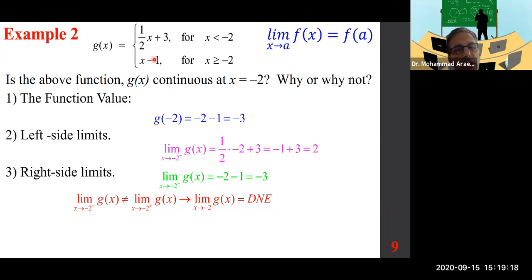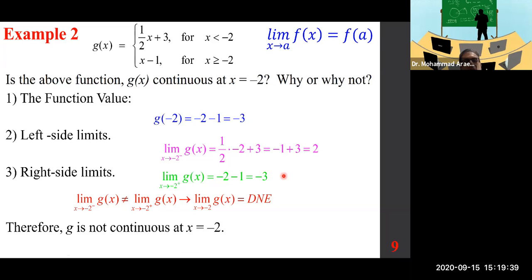I hope everybody's clear. However, some of you may notice something interesting. The function is discontinuous at -2. However, you notice that g of -2 and the limit from the right of -2 are the same. Then we say the function is continuous at x equals -2 from the right. So first, the function is not continuous at x equals -2.